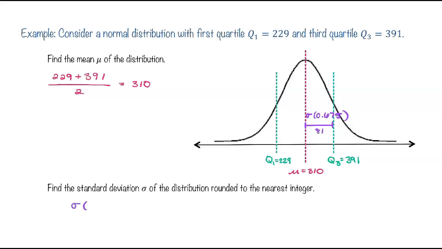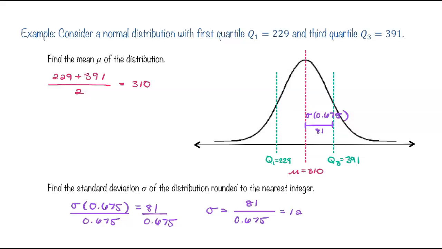So the standard deviation times 0.675 we can set equal to 81. And dividing both sides by 0.675, we have that the standard deviation is equal to 81 divided by 0.675, which is equal to 120. So now in this example, we were able to take values for the first and third quartiles and figure out the mean and standard deviation.